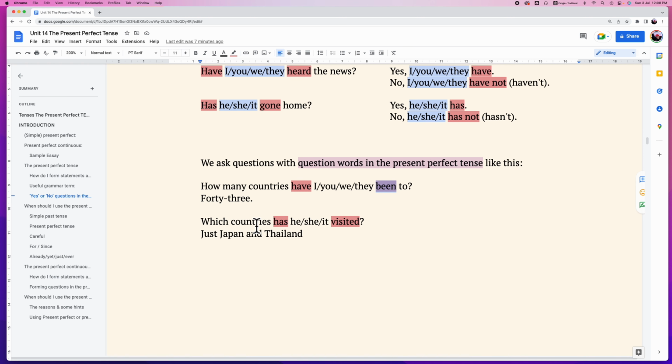Which countries has she visited? Just Japan and Thailand. So you could see that for I, you, we, and they, we still stick to have. For he, she, or it, we have has. But the past participle will follow the subject: visited and been.